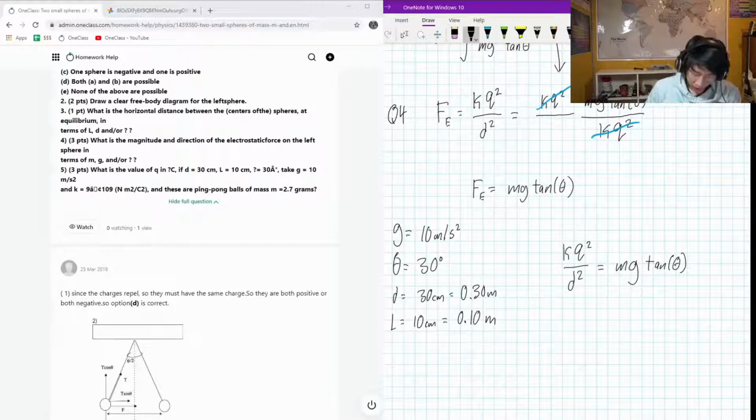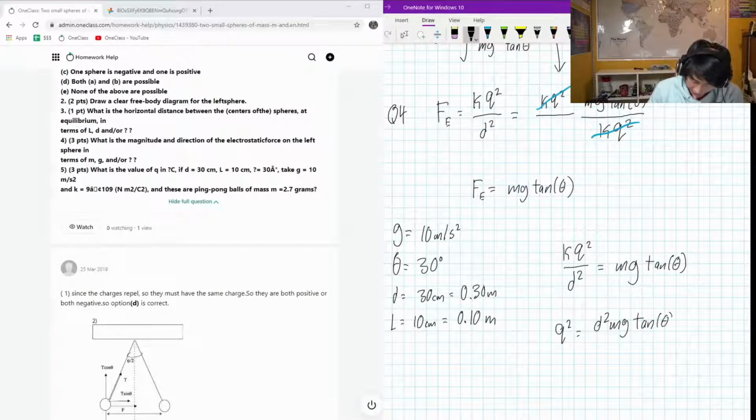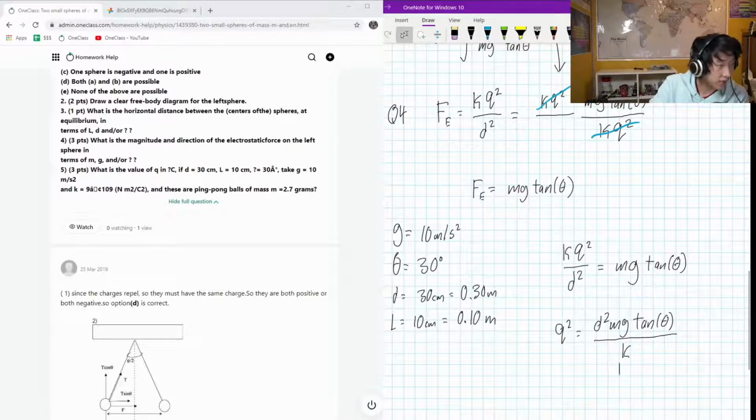If we want to isolate for Q, we shall do this. Q squared is going to be equal to D squared mg tan theta all over K. And they gave us K as 9 times 10 to the 9.